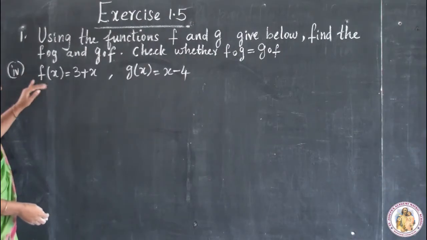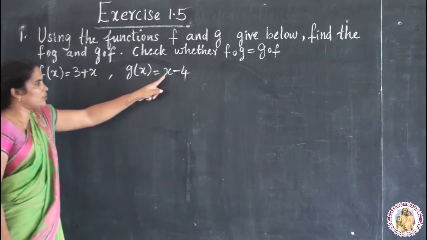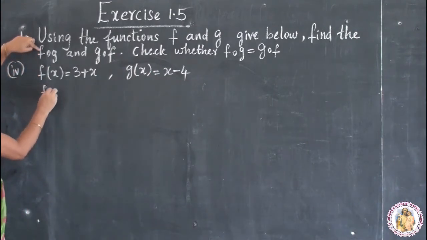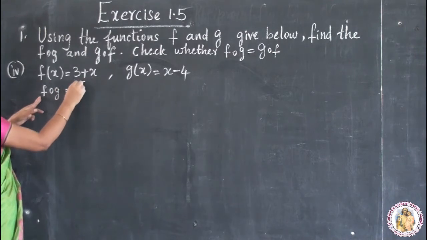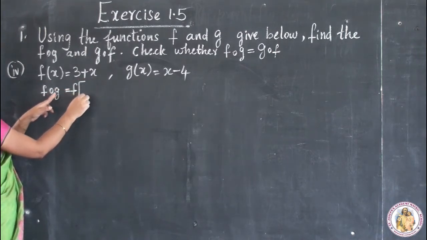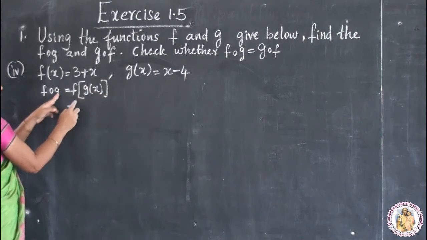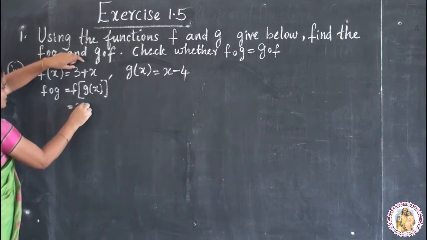Question number 4. f of x is equal to 3 plus x and g of x is equal to x minus 4. So again we have to find f of g, that is f within bracket g, that is g of x. f is nothing but 3 plus x.